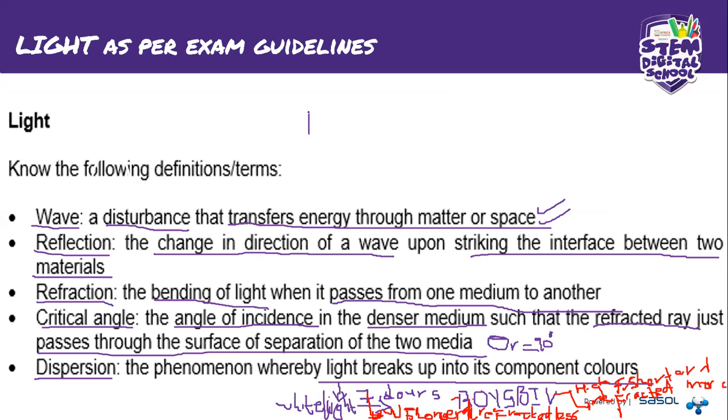I will just write it here. Red, orange, yellow, green, blue. You will write it in full, my dear learners. This is not the acronym. It's just a nice way of remembering. Red, orange, yellow, green, blue, indigo, and violet. Now we know violet is actually just next to what? To ultraviolet.